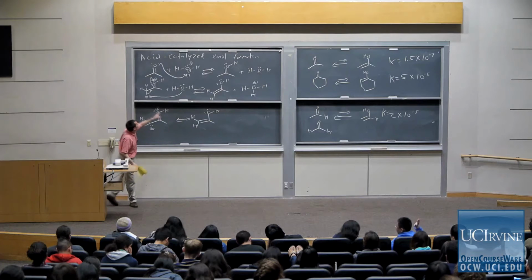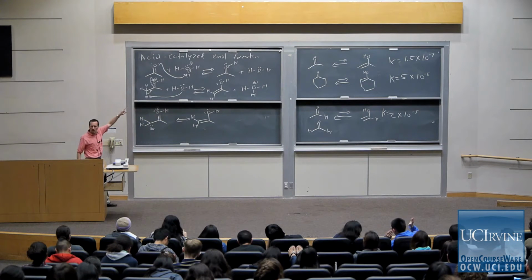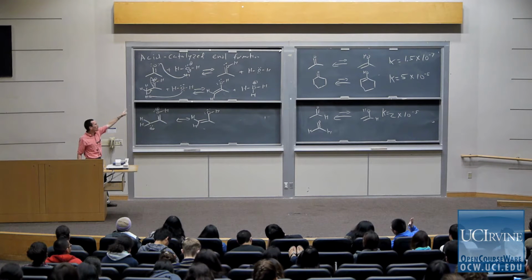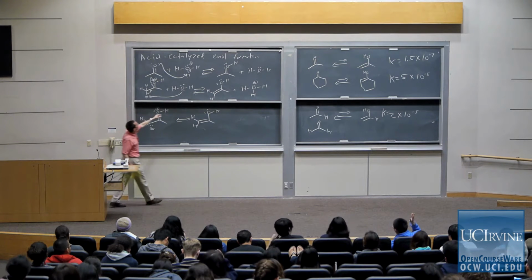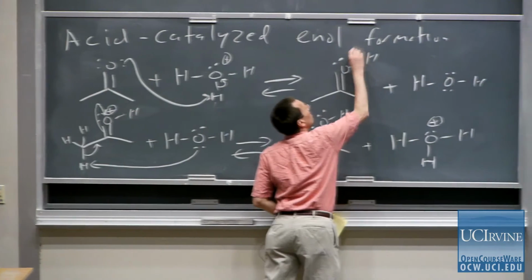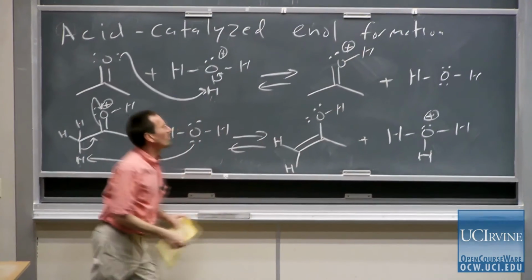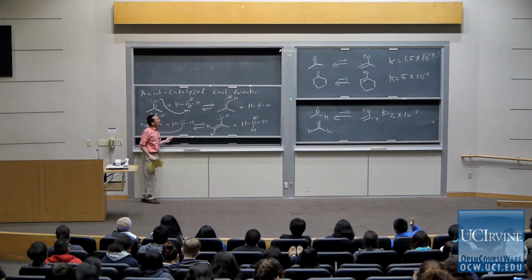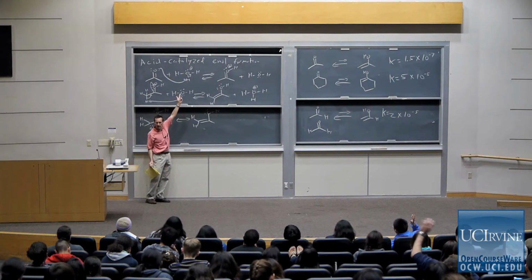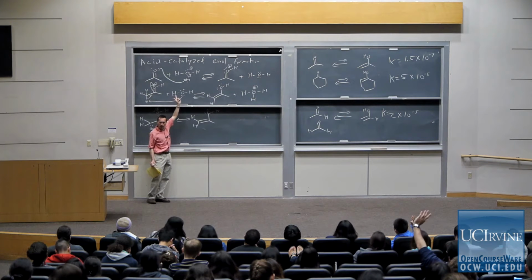And of course, protons come on and off all different acidic positions in acid-base equilibria. And so the proton, whoops, I forgot my positive charge. So much for being a good person over here. So the protons can come on and off the oxygen, then we head in the reverse pathway.